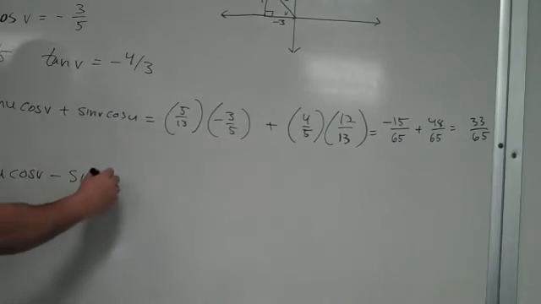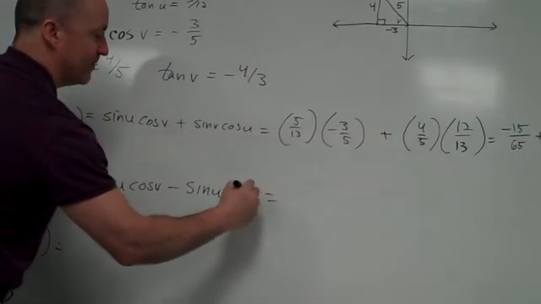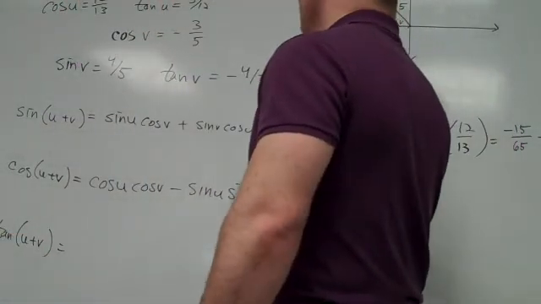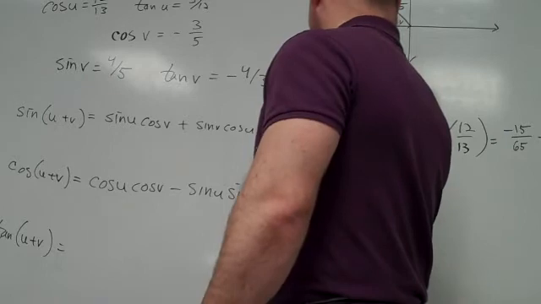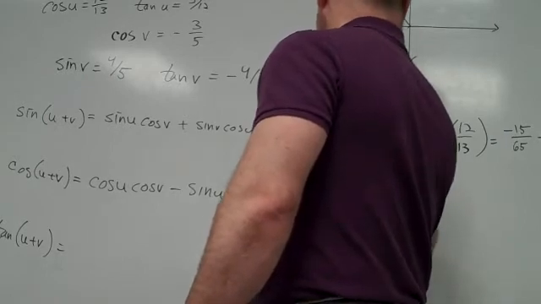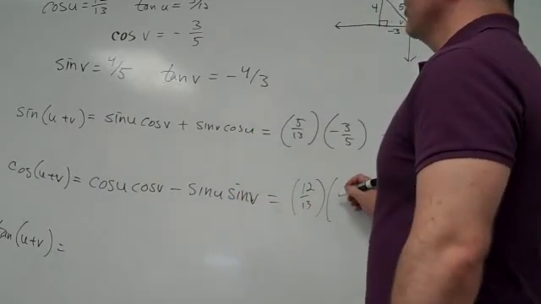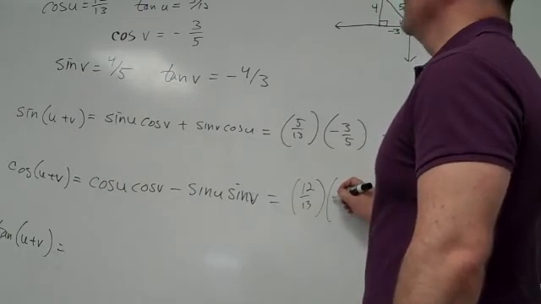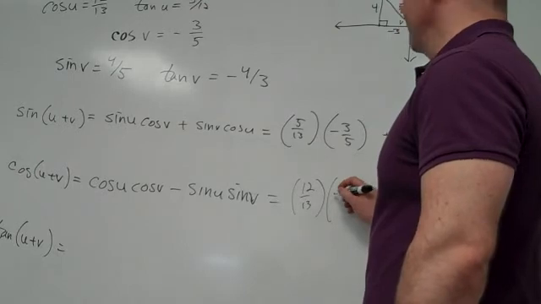Cosine U cosine V minus sine U sine V, which is going to be 12/13. What's the cosine of V? Negative 3/5.